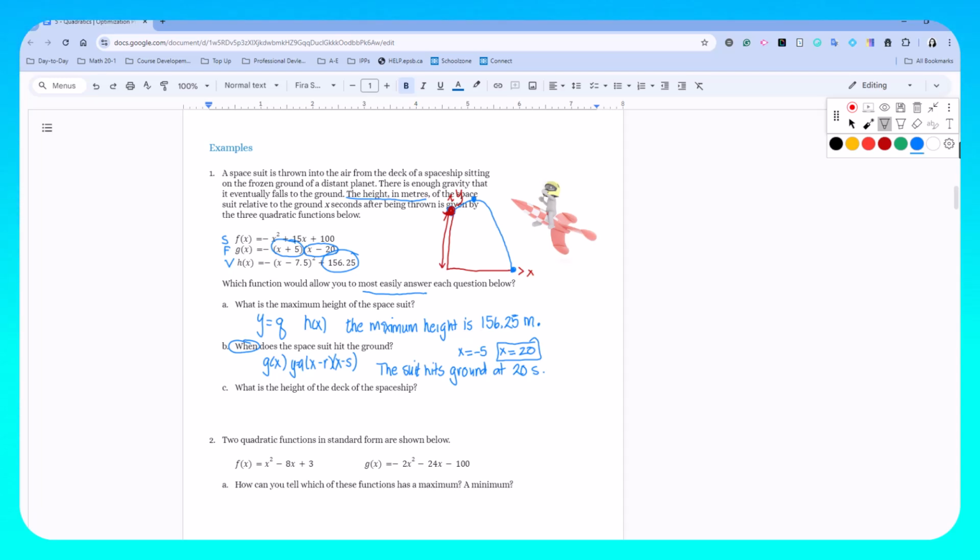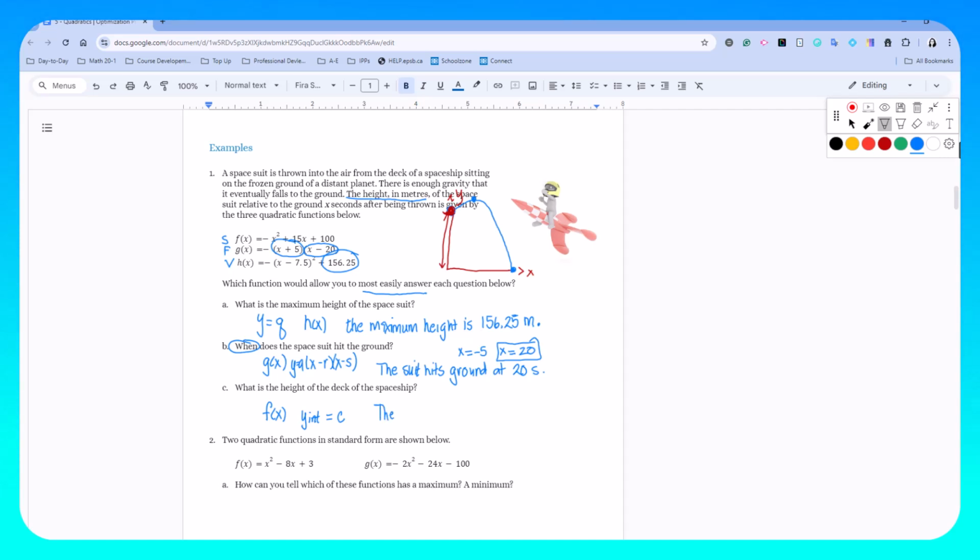And the y-intercept is most easily determined when the function is in standard form or when we look at f of x, because we know that the y-intercept equals the c value. And in this case, the c value is 100.